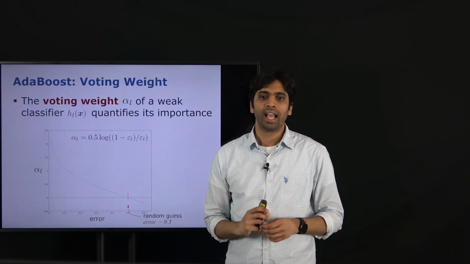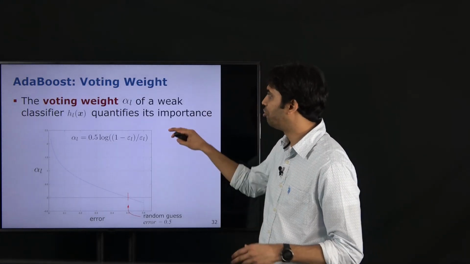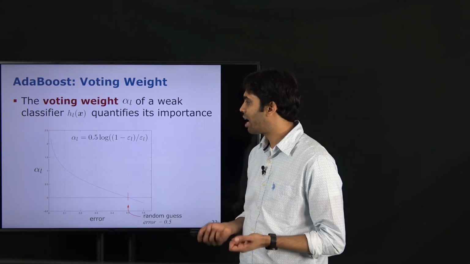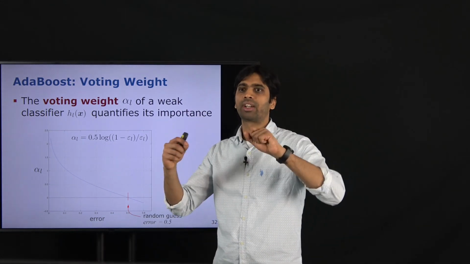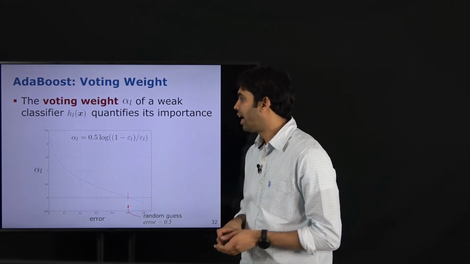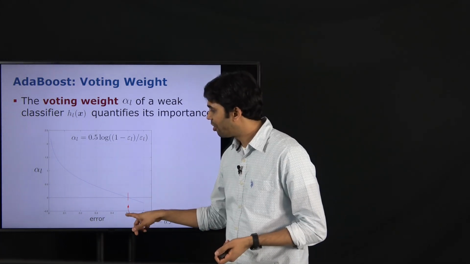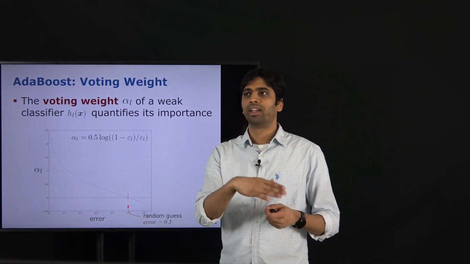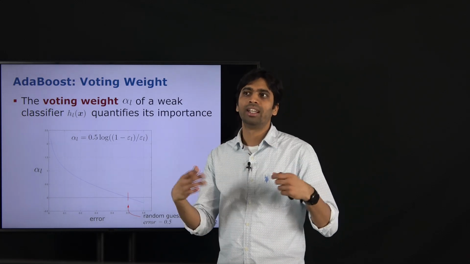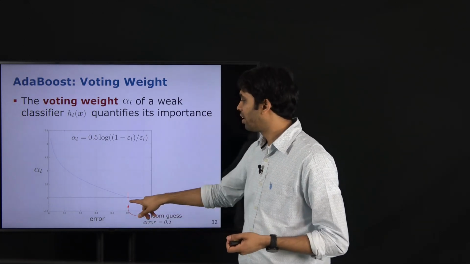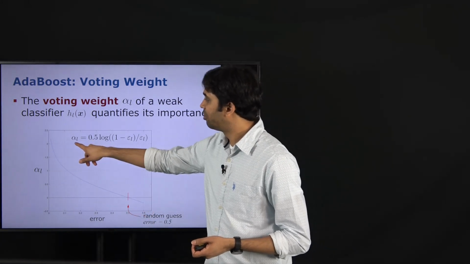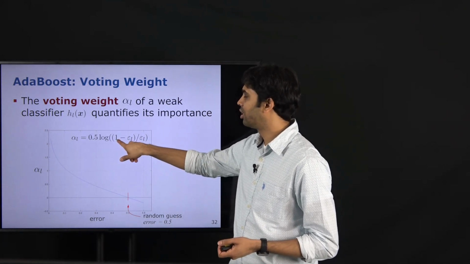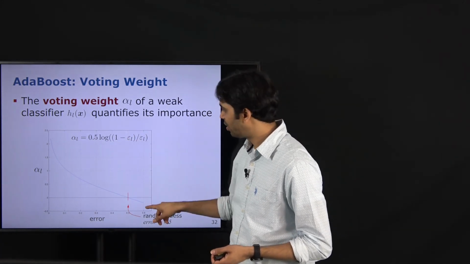And just to understand a bit more how this voting weight works, essentially this formula is such that you have a higher weight if the error that your classifier makes is little. Conversely, if the error rate of your classifier is 0.5, which means that it gets half of the examples wrong, which is like random guessing, then if you plug it into this formula, you have (1 minus 0.5) over 0.5, which is 1, and log of 1 is 0, and that's what you see here.